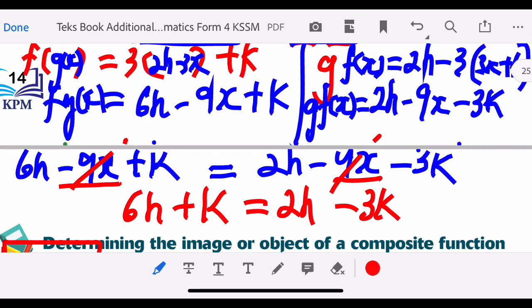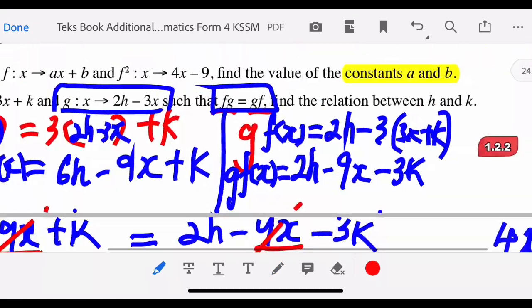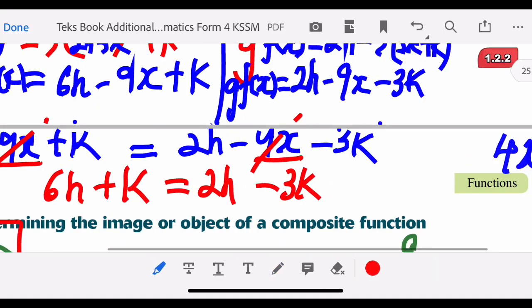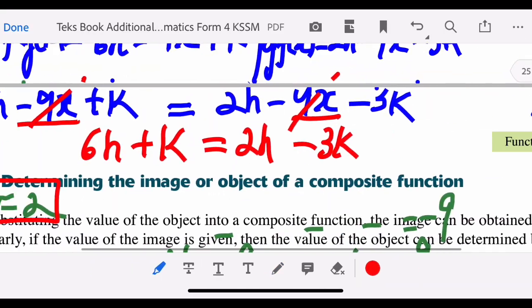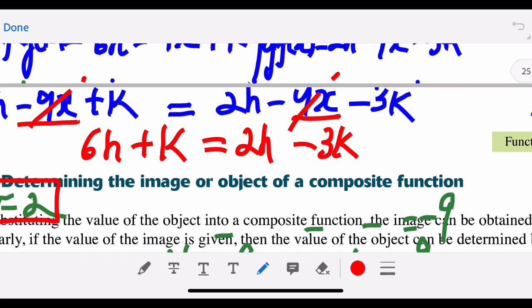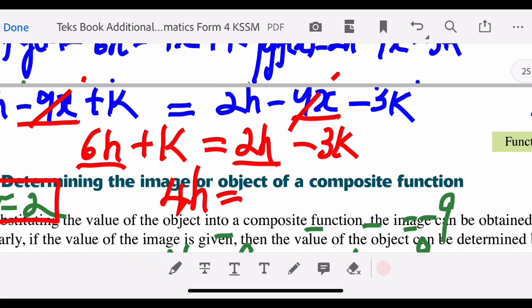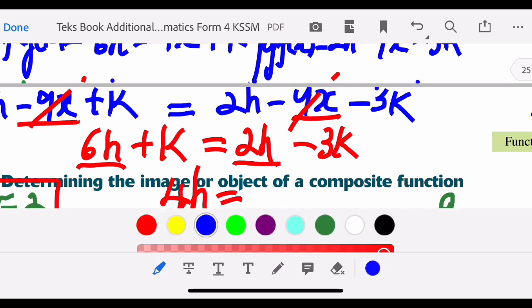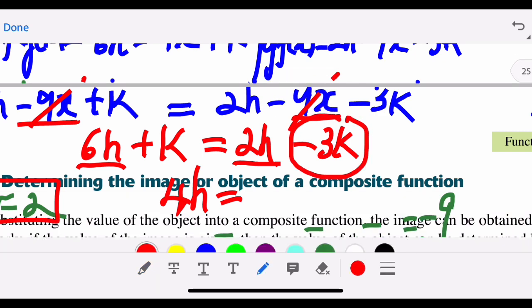Then what is the instruction of the question? Find the relation between h and k. That means you have to form an equation between h and k. So 6 minus 2 is 4h, and you can see that this is negative, right?